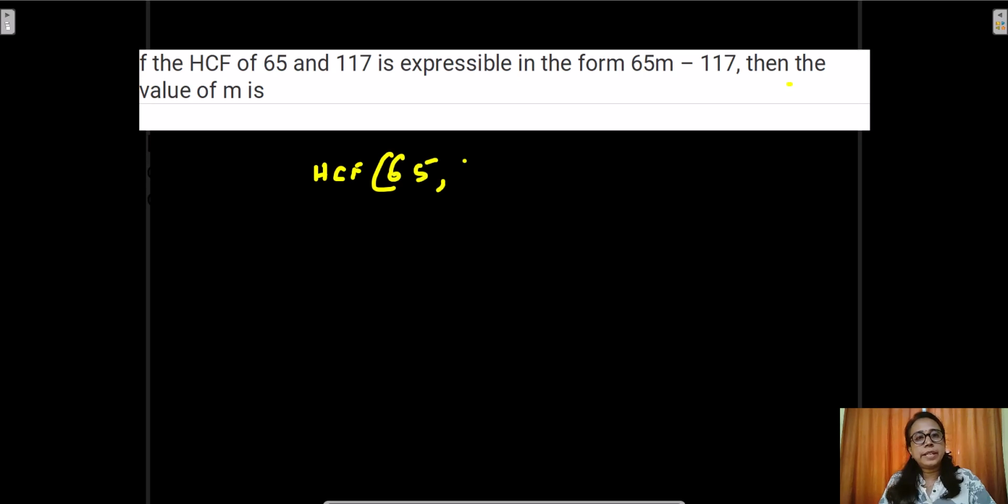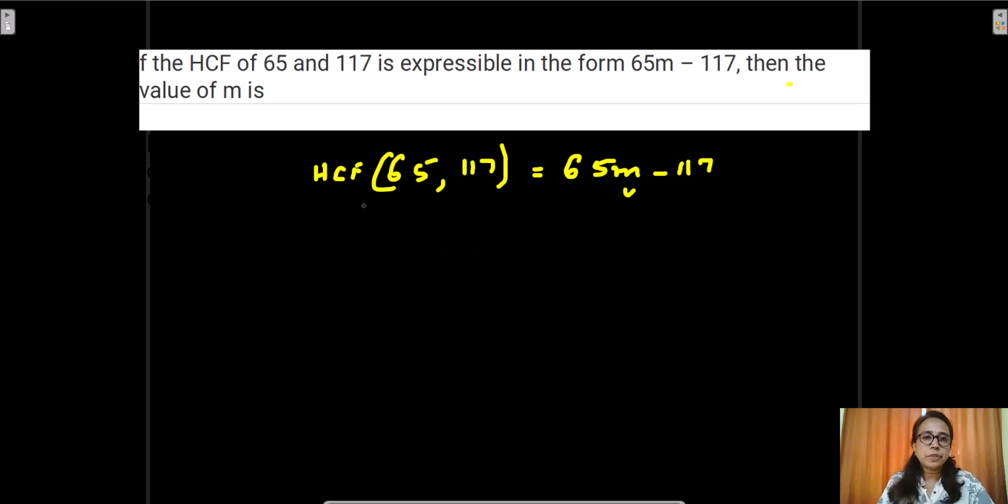This HCF can be expressed as 65m minus 117, then what is the value of this m? Do you understand the question?